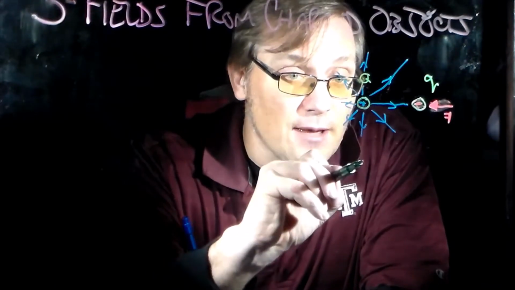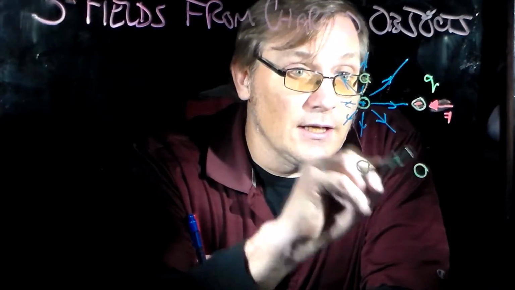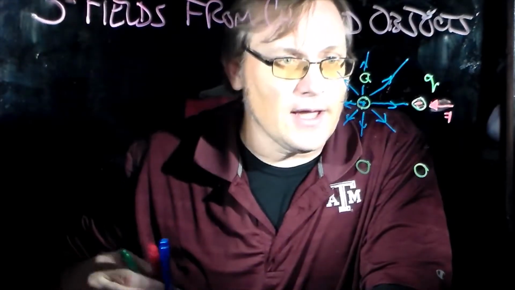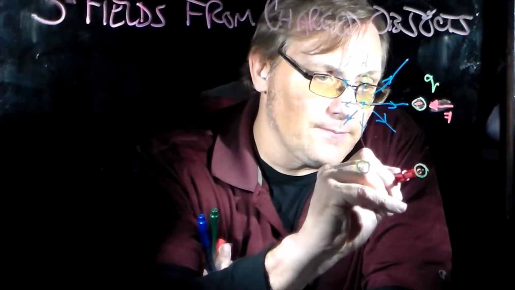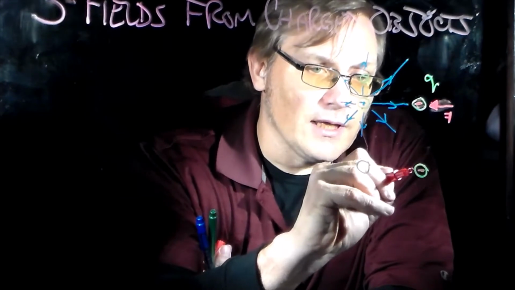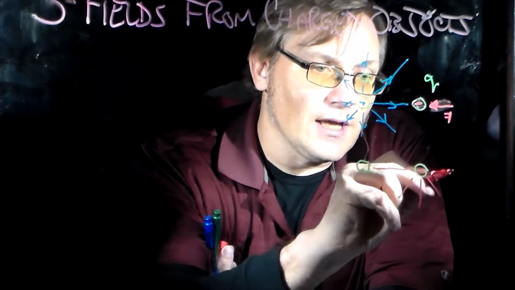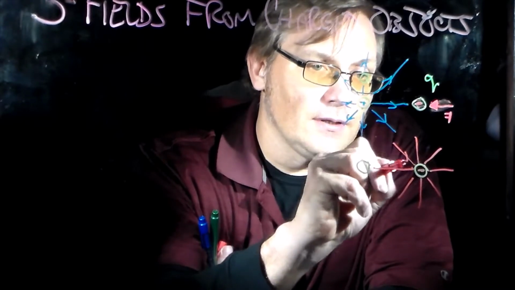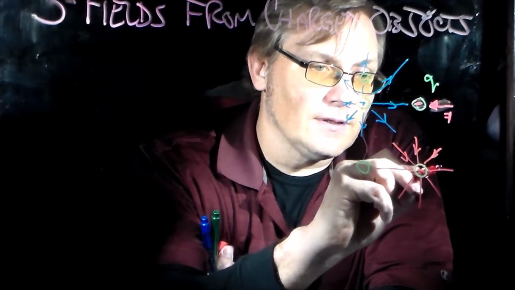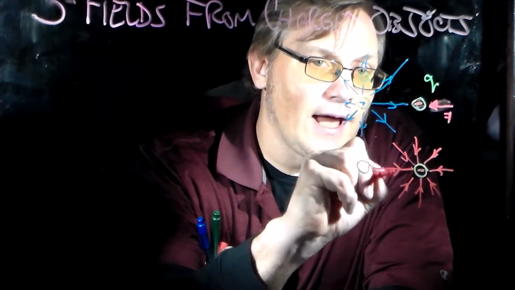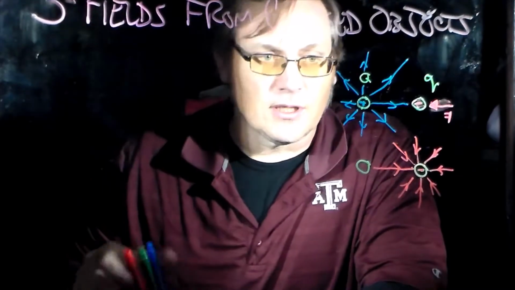So if this is happening here, then this charged object is making a field from that guy, and this guy is also making a field, and because he's negative, his field is in the opposite direction. Negative fields go into negatively charged objects and out of positively charged objects.